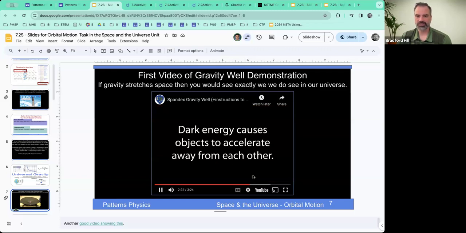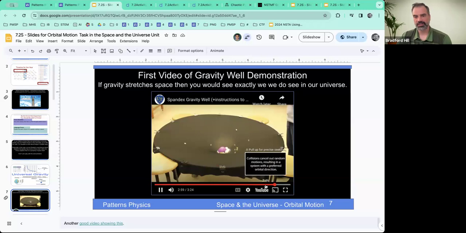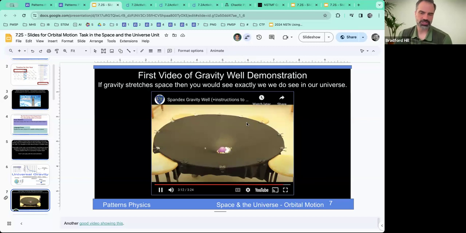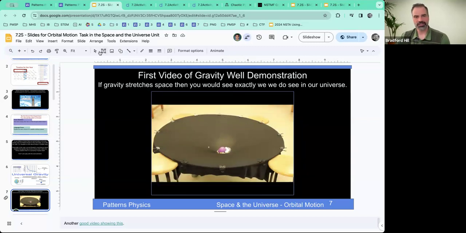If everyone had, we have tons of ball bearings from some of our other supply lists, and you see that collisions happen, things fall in, things stay out, and you try to get a circular orbit versus an elliptical orbit. And when it's in an elliptical orbit, it's fast when it's near here, and then it slows down as it goes up.